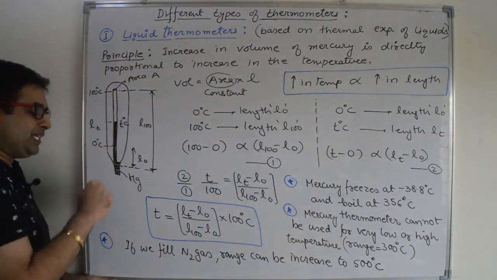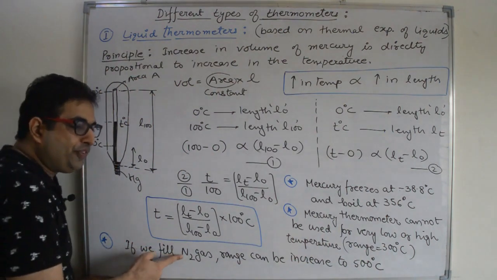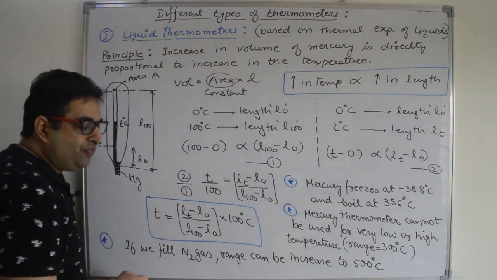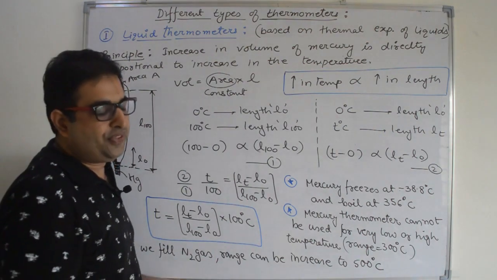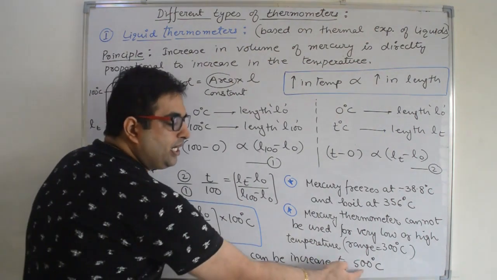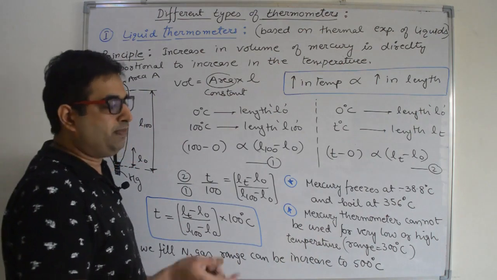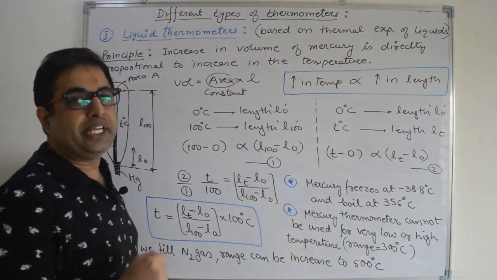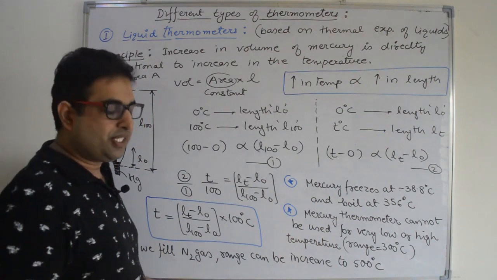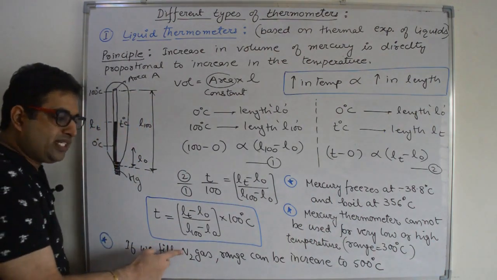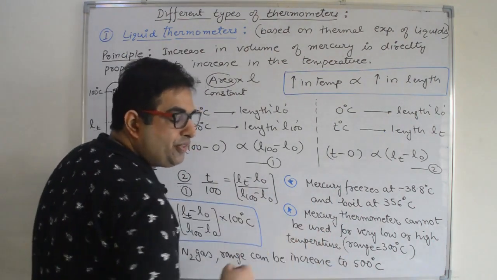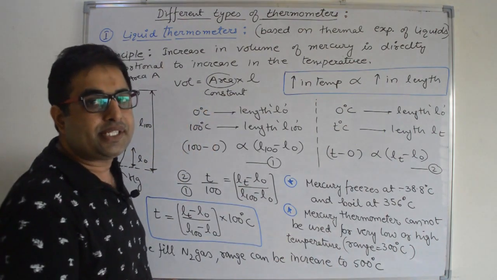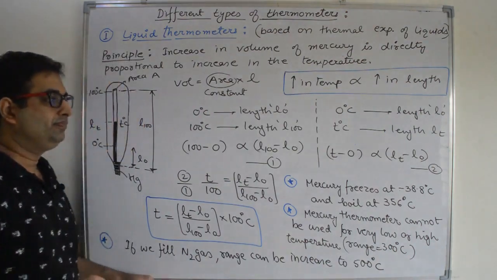But if we replace the air with N2 gas, if we fill N2 gas, then we can increase the range of the mercury thermometer to 500 degrees Celsius, because as we change the gas, the boiling point of the mercury will change, right? It will increase. So when we fill N2 gas, we can increase the range of the mercury thermometer up to 500 degrees Celsius, right?